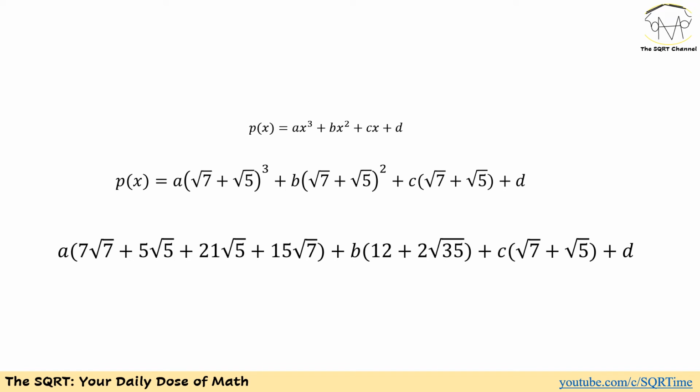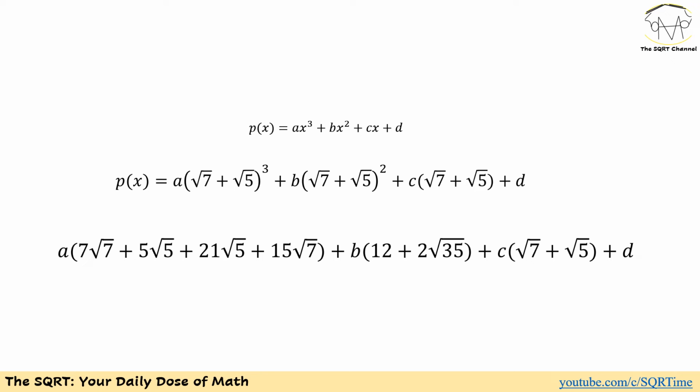Now we need to use a polynomial of degree 3. Let's start with ax cubed plus bx squared plus cx plus d. And then we will use radical 7 plus radical 5 for x. If we do this and then simplify it, we are going to end up with an expression that you are seeing here.